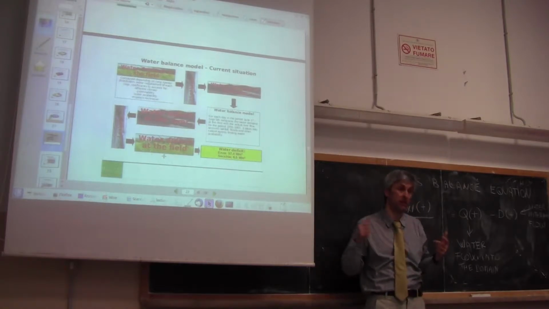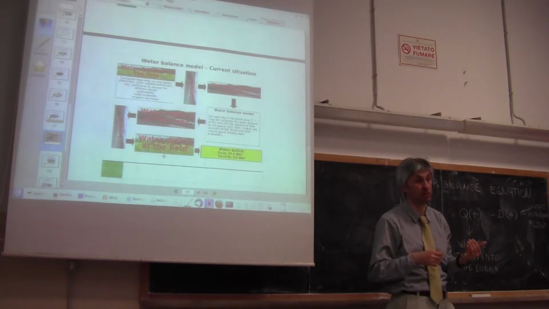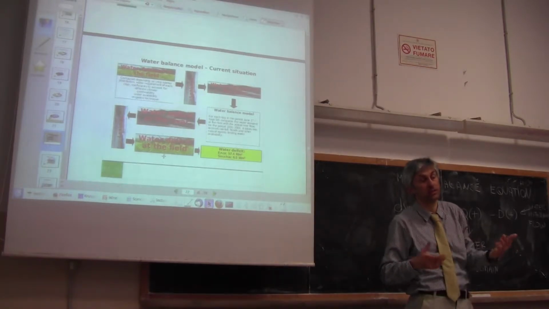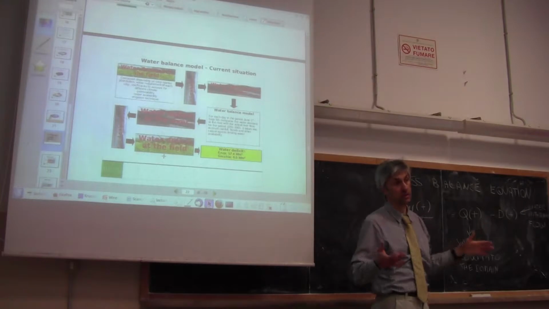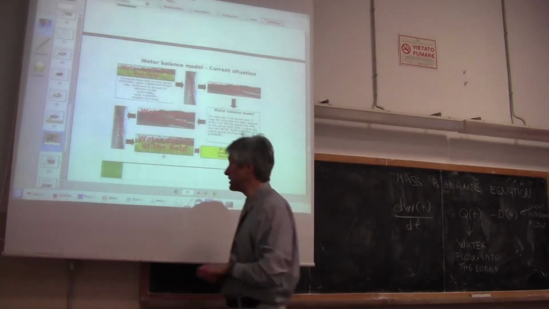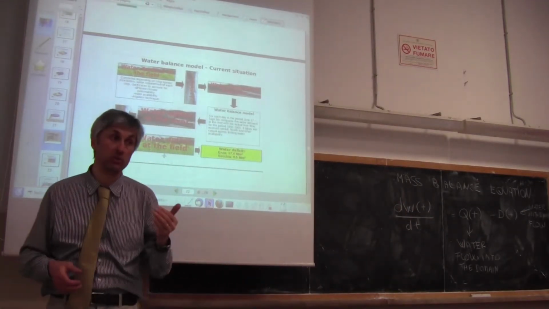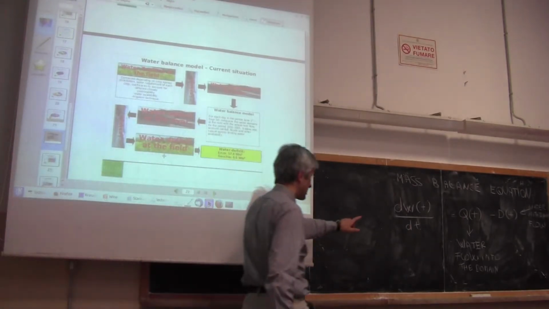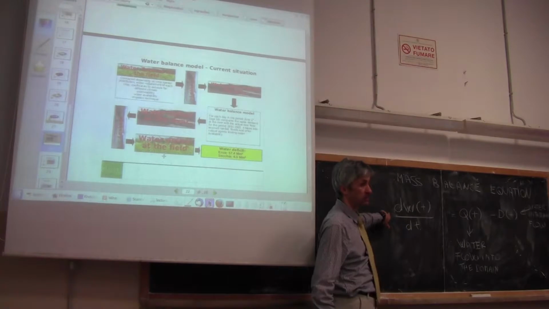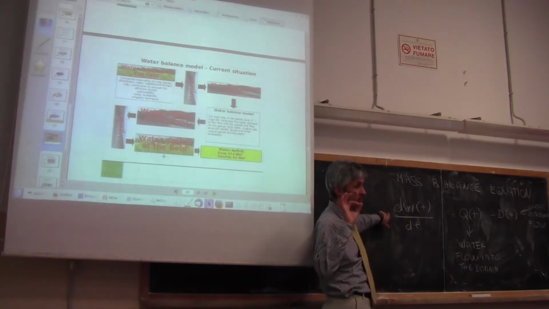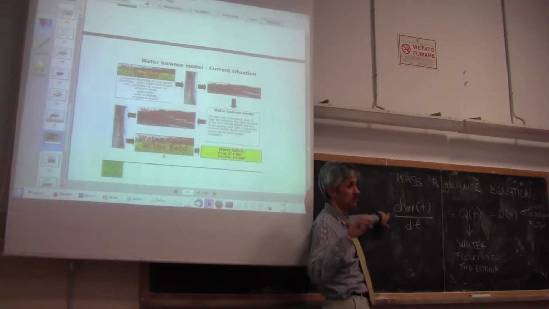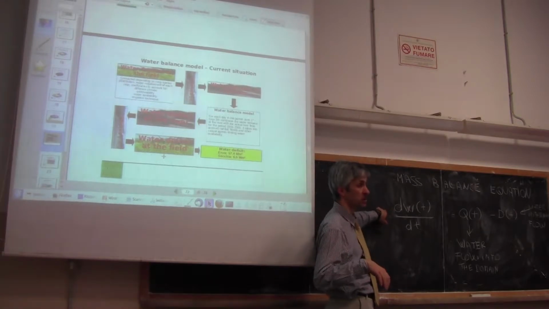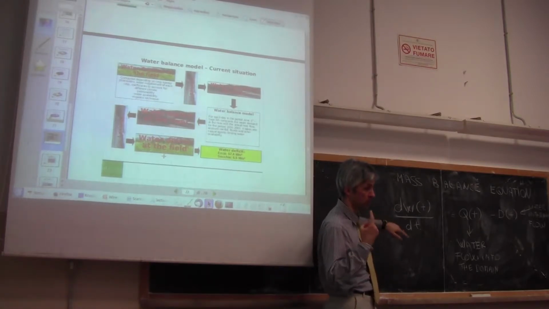The monthly time scale with these rivers is not fine because sometimes at the beginning of July you have enough water in the river, but then they run dry. So we chose to adopt the daily time scale, but in some cases you may need to use the hourly time scale, which means that the finite difference time step that you use to integrate this equation is 1 hour instead of 1 day.